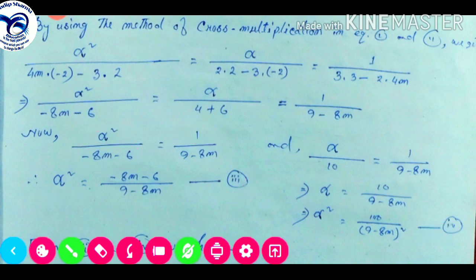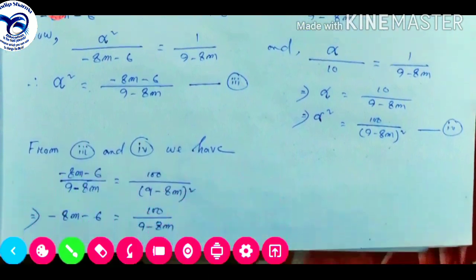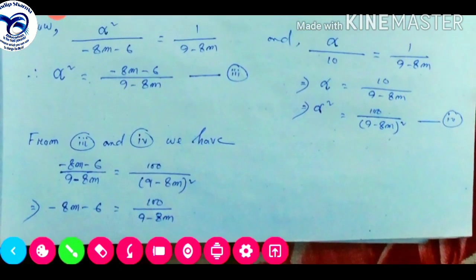Now if we compare 3 and 4, this one is alpha square equal to this part, and in equation number 4 alpha square is equal to this part. So minus 8m minus 6 divided by 9 minus 8m is equal to this portion. From 3 and 4 we got these two parts equal.